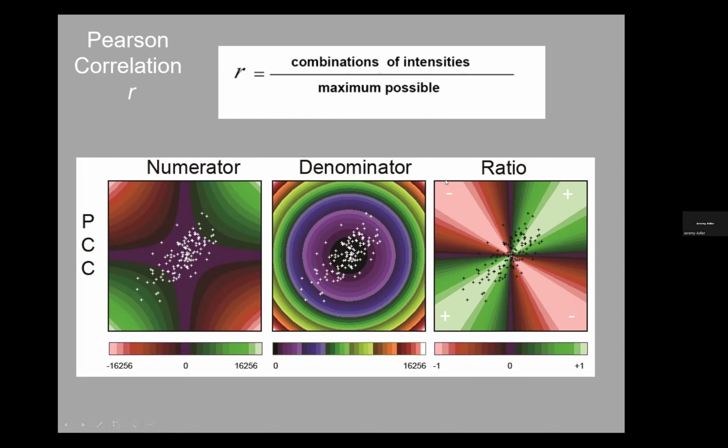But along this diagonal, everything produces negative values. One fluorophore is above the mean, but the other one is below the mean. So this is how the equation is working. It's looking for combinations in this range with the weighting that we can see here, and then subtracting combinations in that range. If things are distributed randomly, the net result is 0.